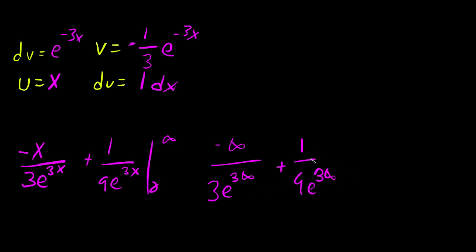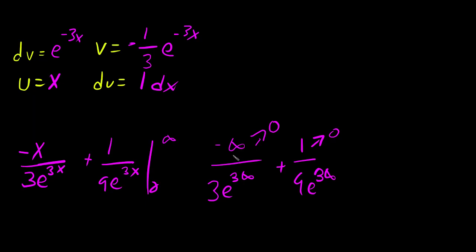Okay, so this approaches 0, obviously. Now, if you remember going back to limits at infinity, it's not about what the top and bottom are necessarily equal to. It's about which one really grows faster. Any exponential, especially e to something, grows much faster than any algebraic expression. So this is going to 0 as well.